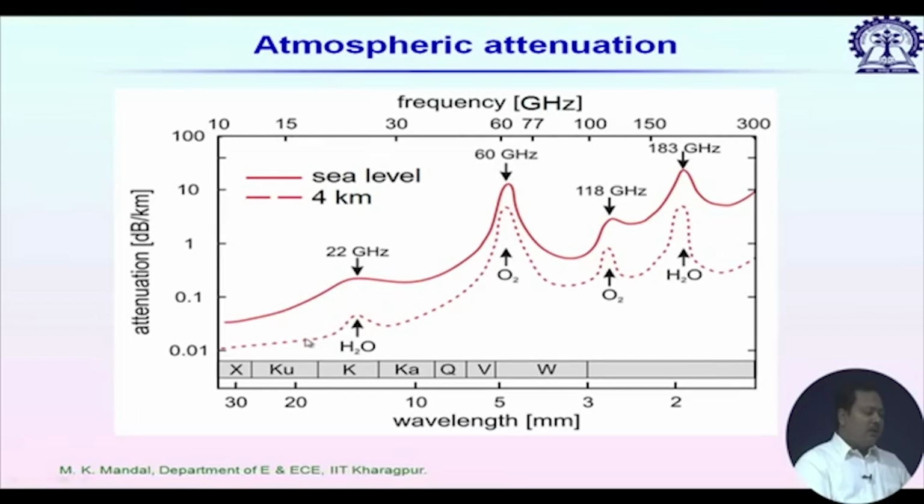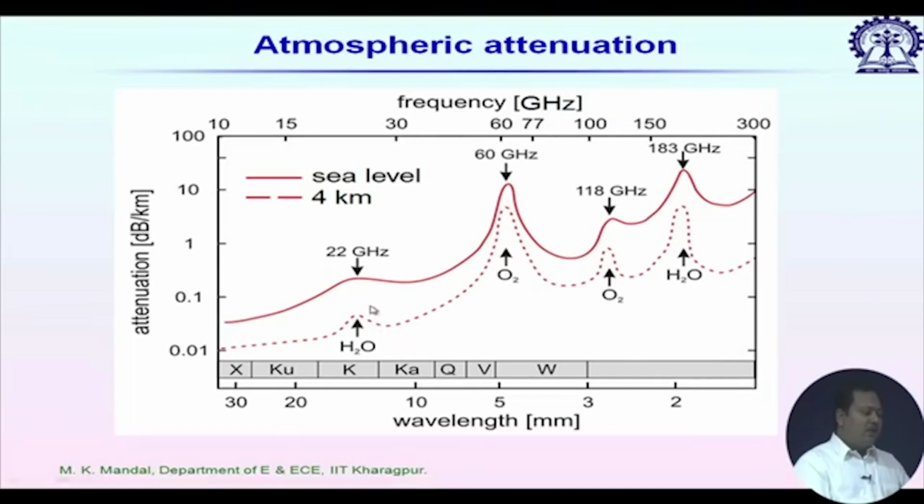The dotted line corresponds to the measured attenuation in dB per kilometer at a 4 kilometer height from the sea level, and the solid line corresponds to attenuation at sea level. If we measure attenuation at sea level, it is higher than that at higher atmosphere. Now, if I follow this curve from left hand side to right hand side, frequency increases.